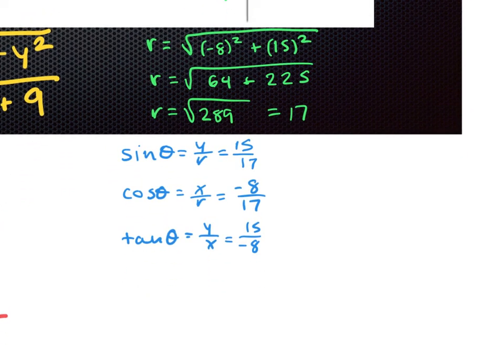Then we have cosecant, which is r over y. What would cosecant be? 17 over 15. Then we have secant, which is r over x.